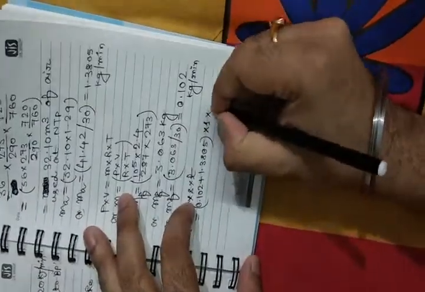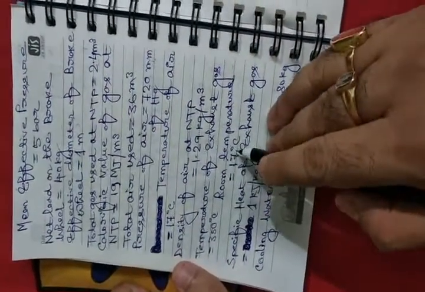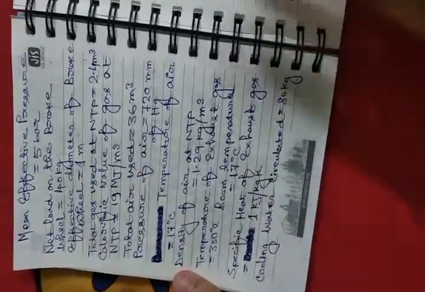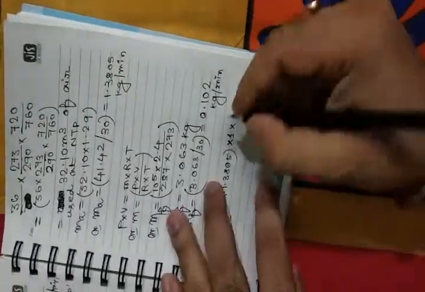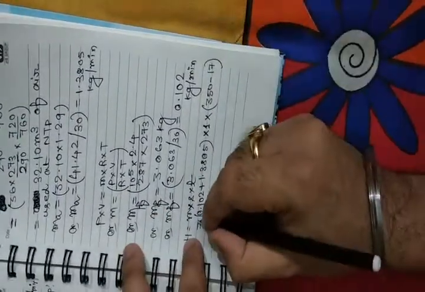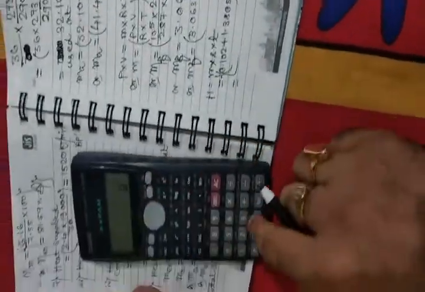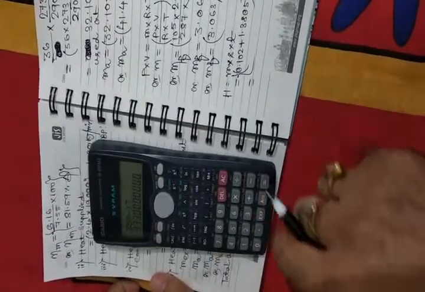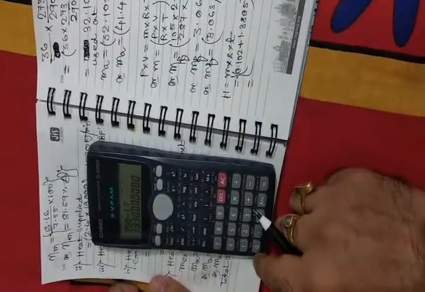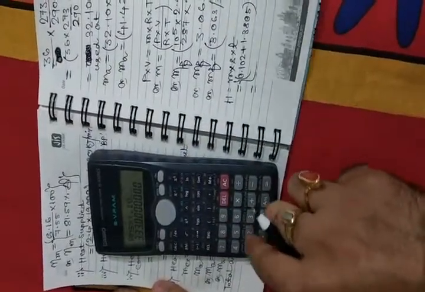So it will be 1. And also temperature difference is, temperature of the exhaust gas is 350 degree centigrade and room temperature is 17 degree centigrade. So 350 minus 17. So now heat loss will be 350 minus 17 into 0.102 plus 1.3805.